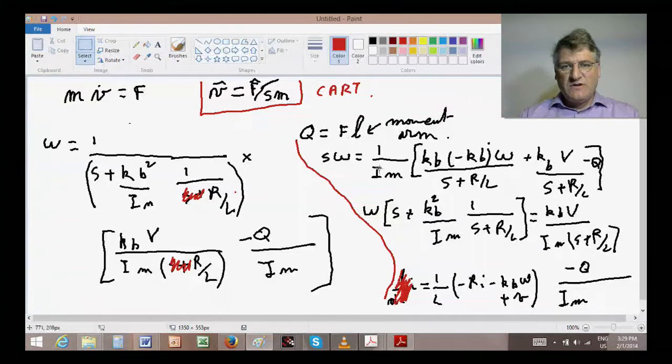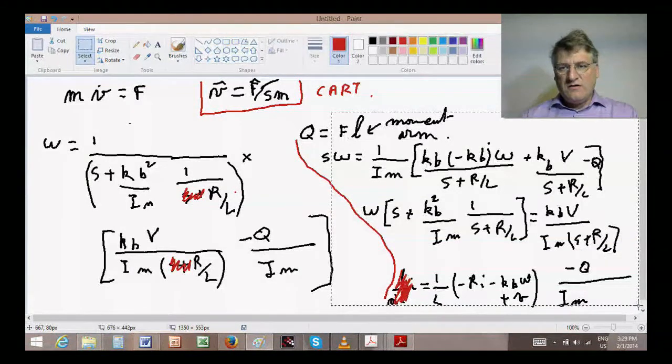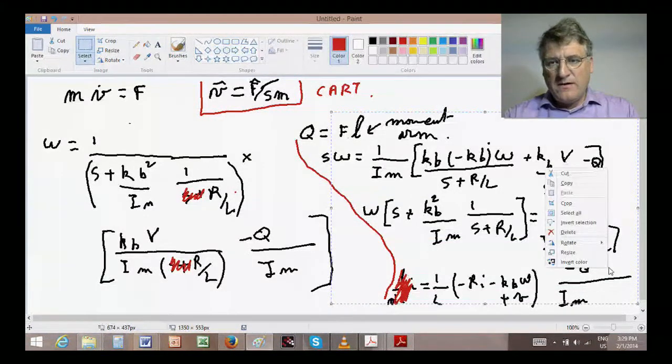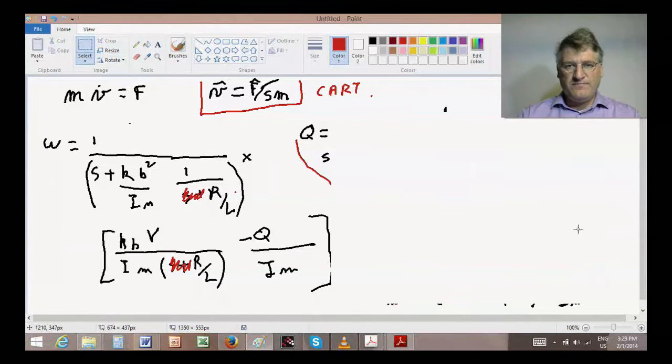And if I erase some of this material, I can obtain the following expression. Let me just finish erasing all this.